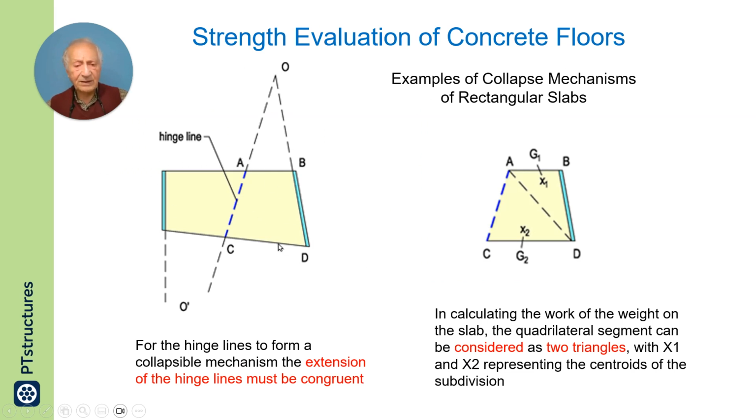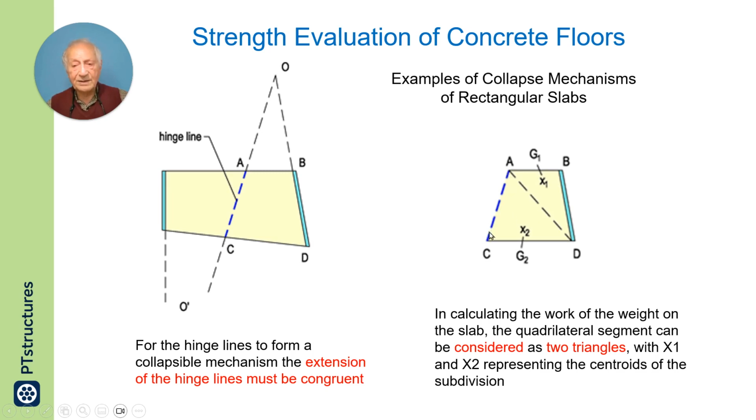If you have an irregular situation like the one on the left or on the right, the key is to assume the hinge lines such that they intersect at common points if you have more than two hinge lines. In this case, you break each piece into subdivisions, in triangular parts.